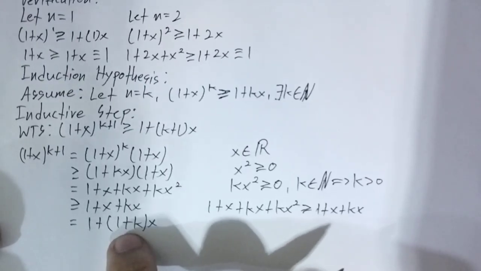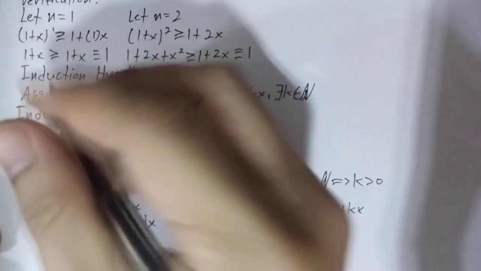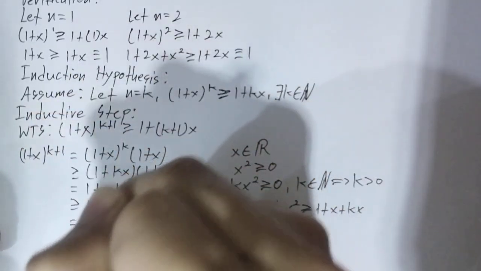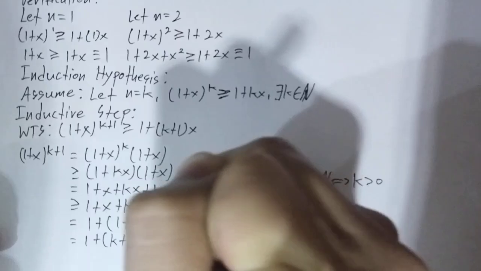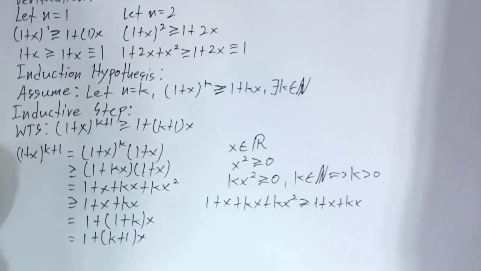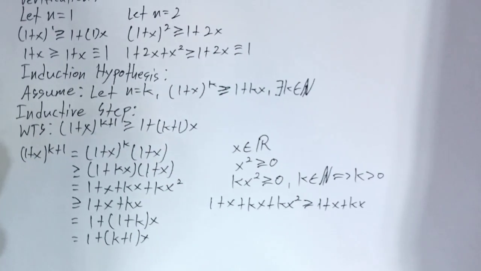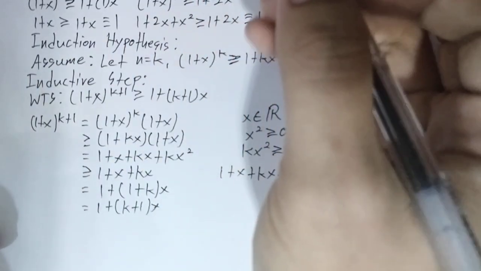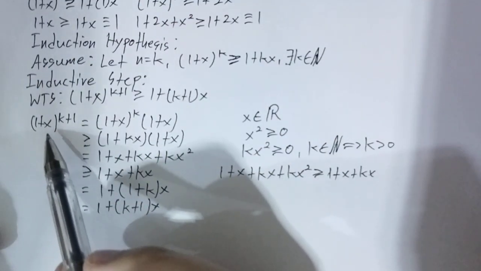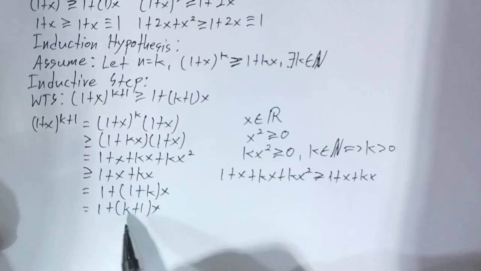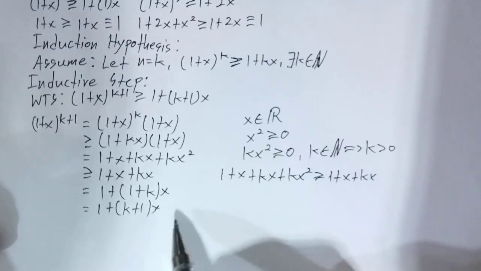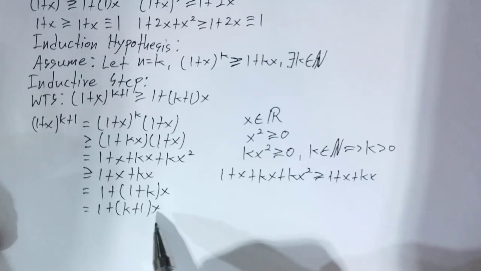And then, by applying commutativity inside this parenthesis, we will find that this is the same thing as 1 plus (k plus 1) multiplied by x. So, with that, we've shown that the binomial (1 plus x) raised to k plus 1 is greater than or equal to 1 plus (k plus 1) multiplied by x, right?